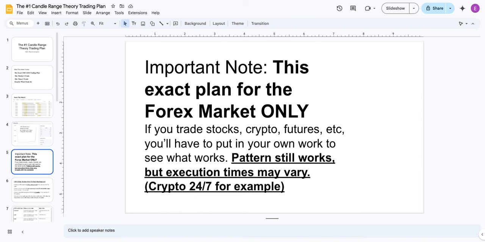Forex only trades Monday through Friday, and some on Sunday, Sunday through Friday, however you want to look at it. Same with stocks, the stock market closes at 5. The pattern will still work, but the timings may vary, so you have to put in your own chart times. So there's my disclaimer: this is just for currency traders.